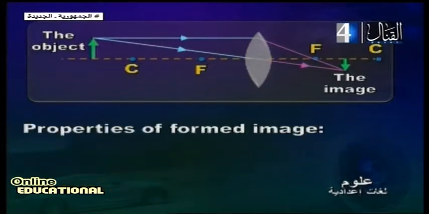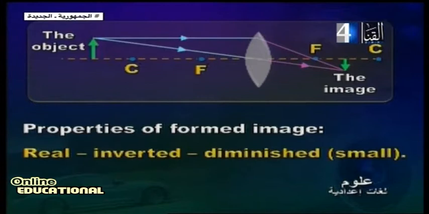The properties of the image: it will be a real image, that means it can be formed on a screen, and inverted, upside down, diminished or smaller in size than the object.